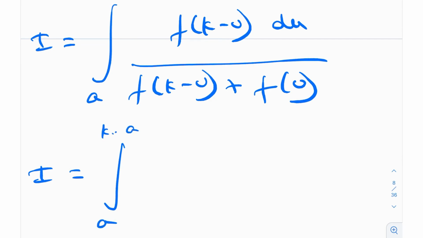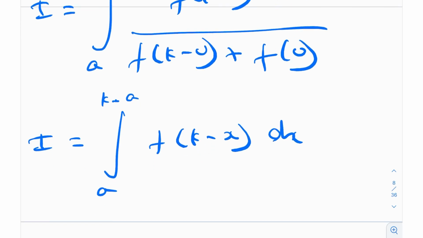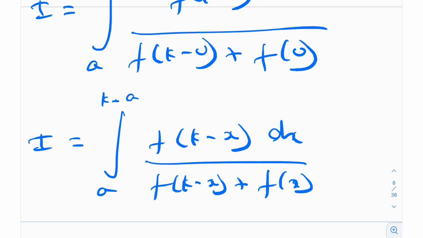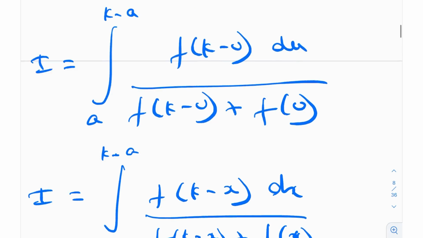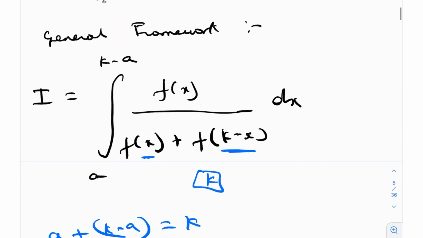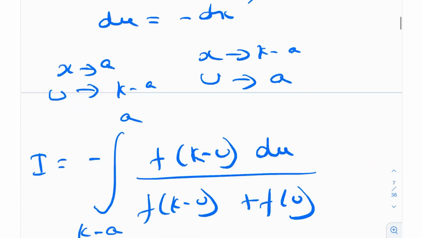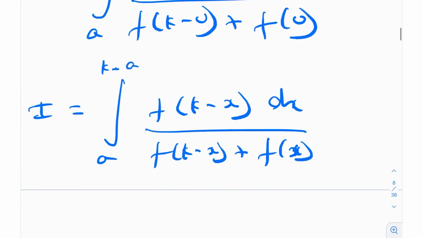Therefore, I can write this as f of k minus x dx divided by f of k minus x plus f of x, basically replacing u with x. Let's call the original one equation number 1, what we had to find essentially, and this one equation number 2.